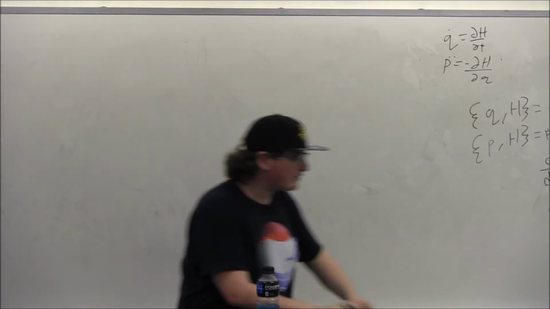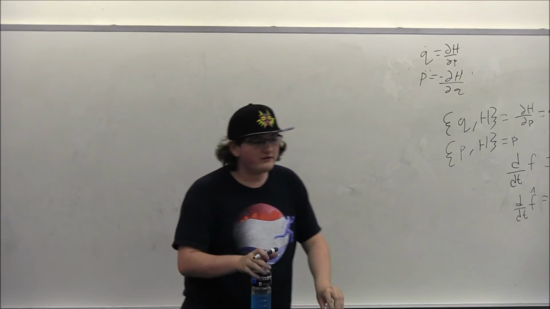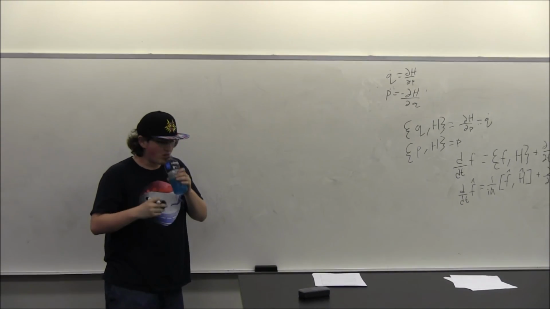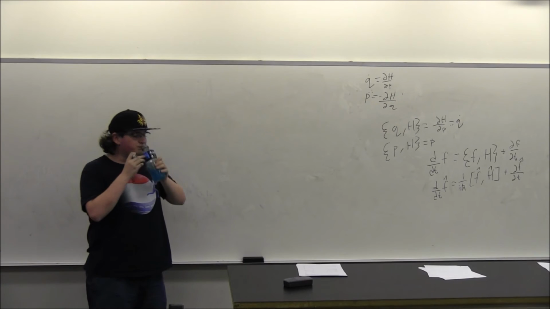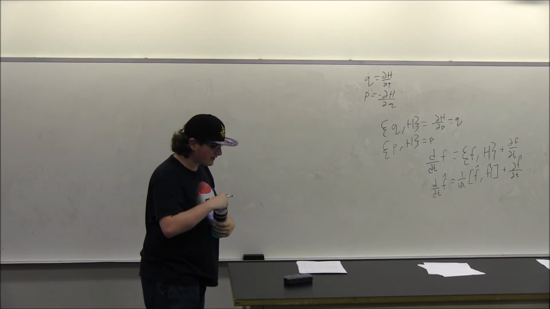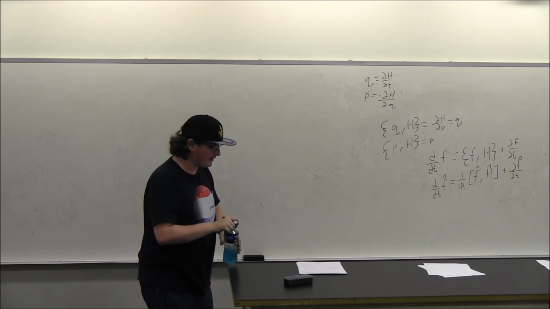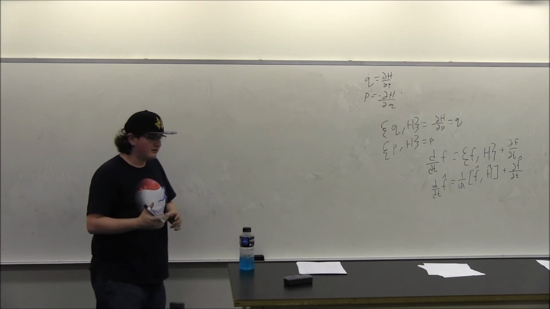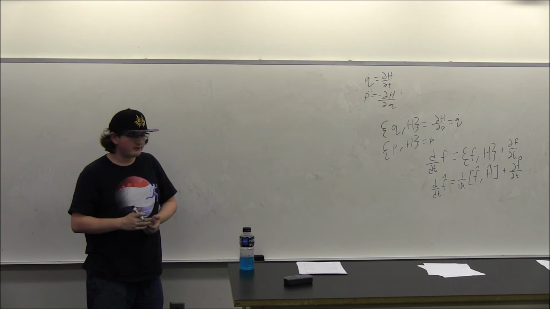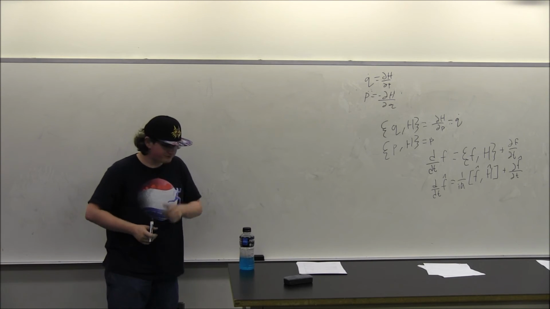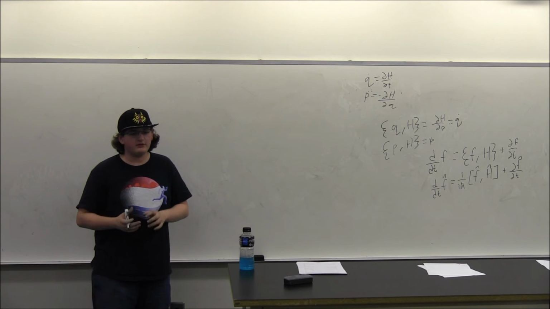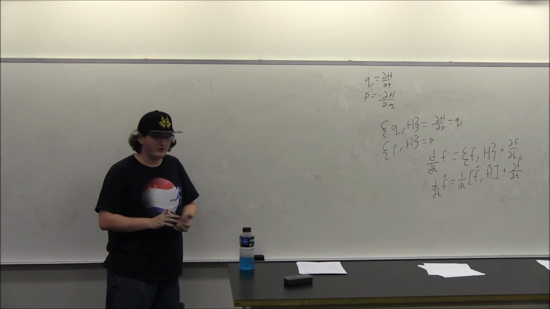So the next thing we're going to talk about are generating functions. So far, I've mentioned a few times now that we don't have to use Cartesian coordinates when talking about Hamiltonians. We can use polar coordinates or whatever arbitrary coordinates you want.